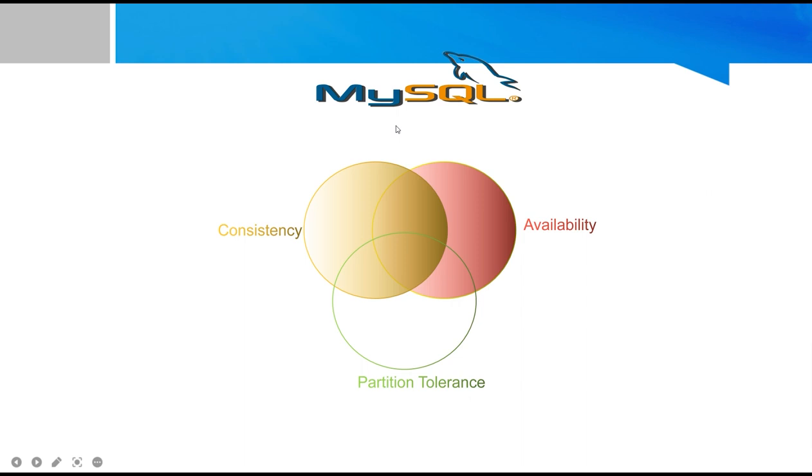Definitely, if you are using a locking mechanism, at that time that information is not available to other users, so you need to compromise on availability at that moment. This is what the CAP theorem says: if you are going to work with a partition tolerant or distributed system, you can only strictly follow either consistency or availability.